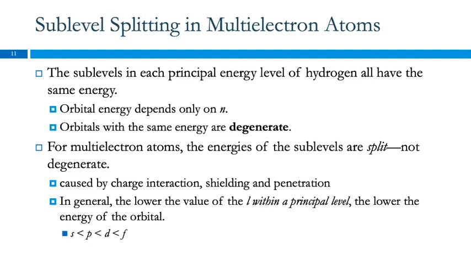And this is caused by charge interactions, shielding, and penetration. So in general, within a principal level, the lower the value of L, the lower the energy of the orbital. So S is a value of 0, P is a value of 1, D is 2, F is 3.